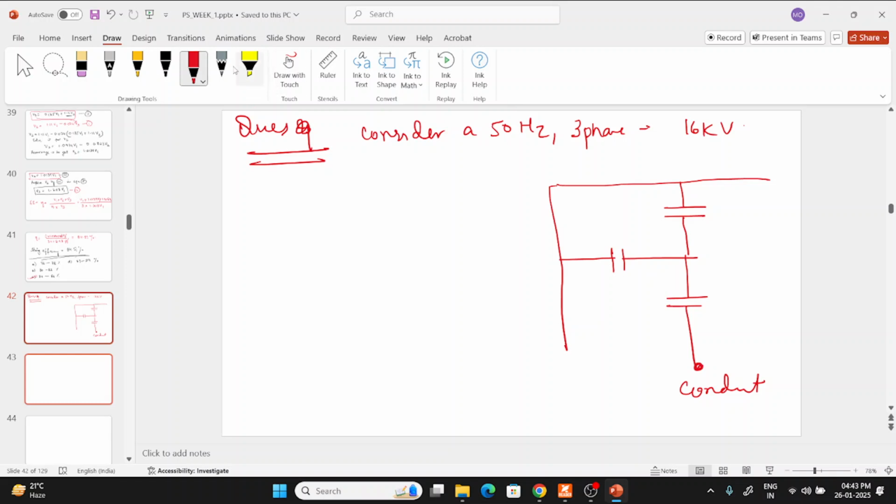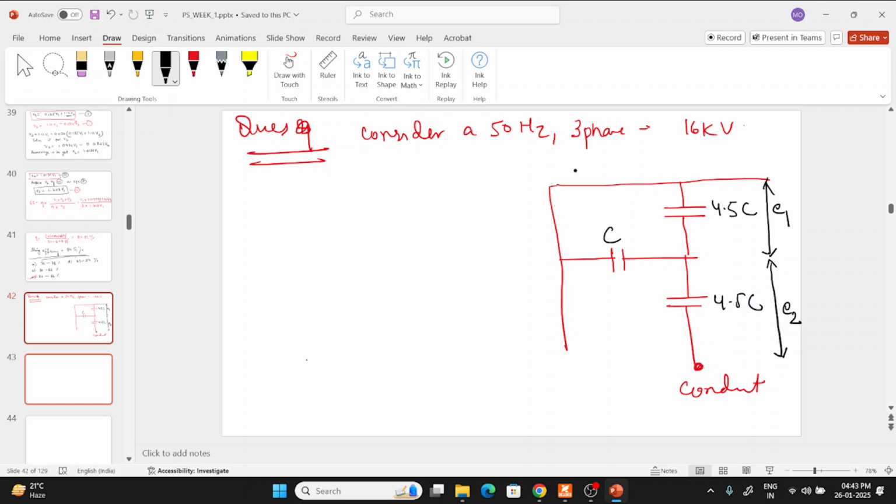So basically, let's say this is C, so it will be 4.5 times C, as shown in the figure. We have to calculate the voltage across the two insulators. Let's say the voltage across this insulator is E1 and across this insulator is E2. So E1 and E2 we have to calculate.